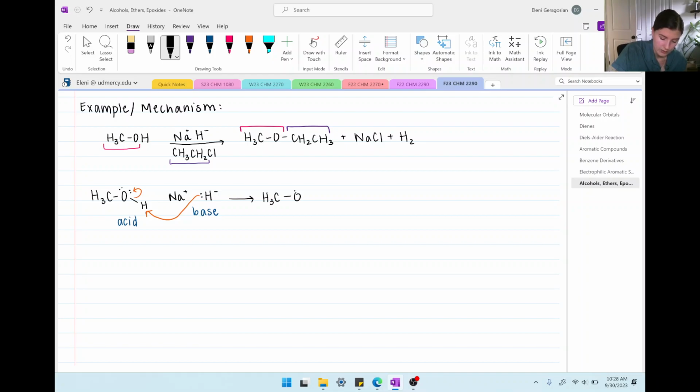We have an alkoxide, H3CO-, the oxygen gained 2 electrons from the bond to hydrogen. This charge is balanced by the sodium. And we've created H2, so that product there in this first step.